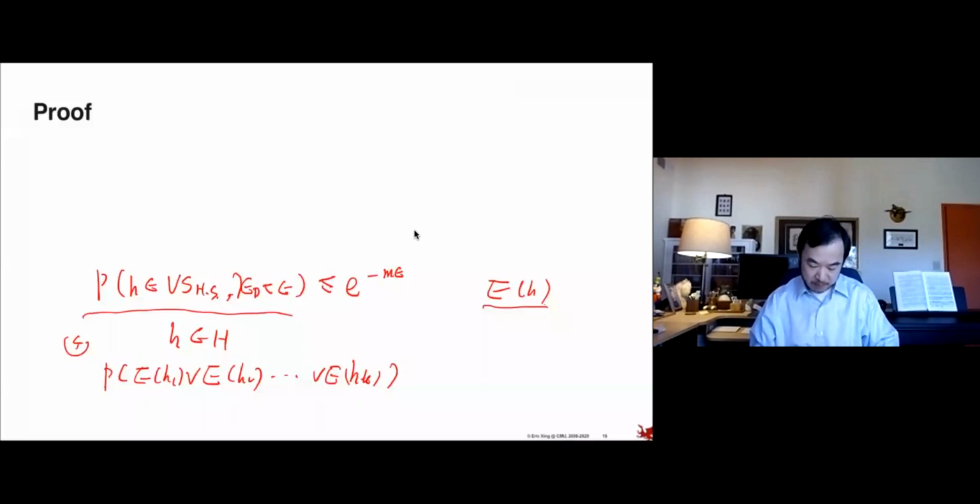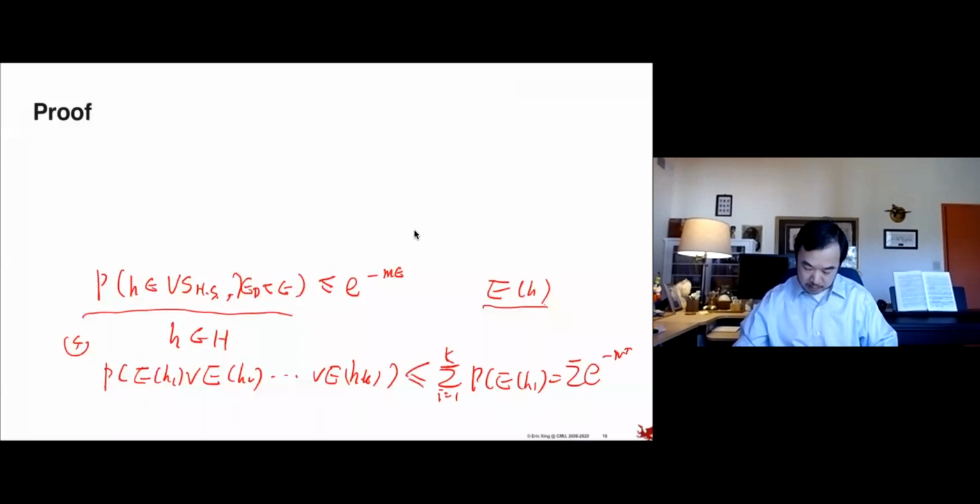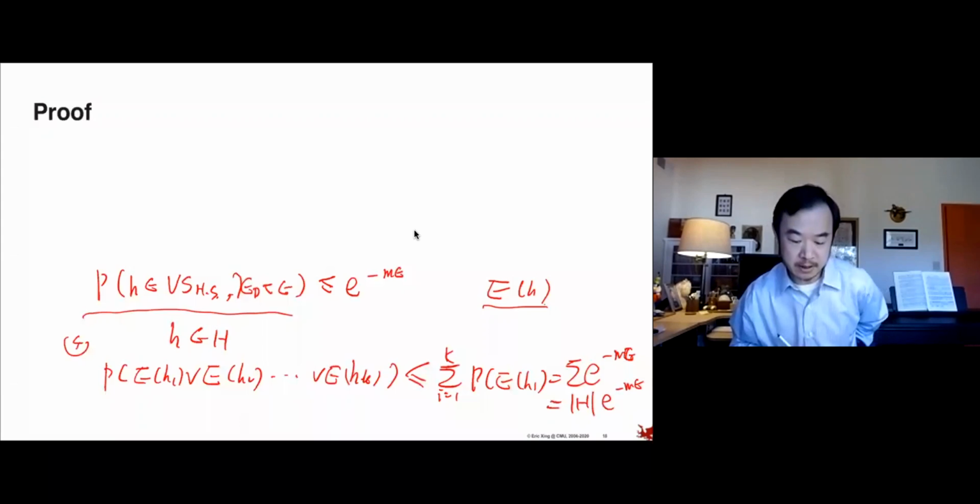So you are going to upper bound this by the sum of the probability of every event, i equals 1 to k. And that basically becomes the sum of E, and we use the size of H to represent the sum. Okay, so that's how the proof is established.